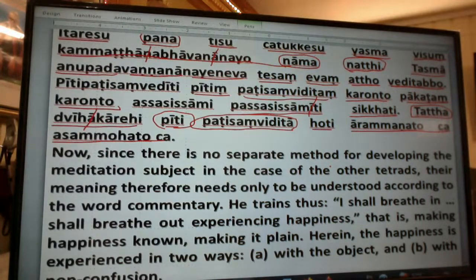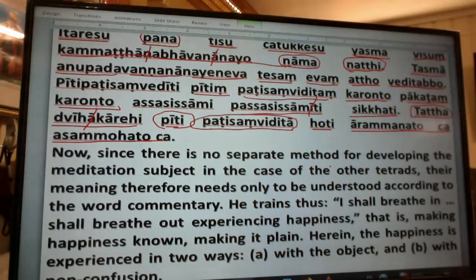As an object, that object should be very clear. Asamoha Doja means no ignorance, no moha. The meaning is your wisdom also very clearly understands that piti, what happened, what is the nature of piti, like this. Wisdom understands clearly in the true way.